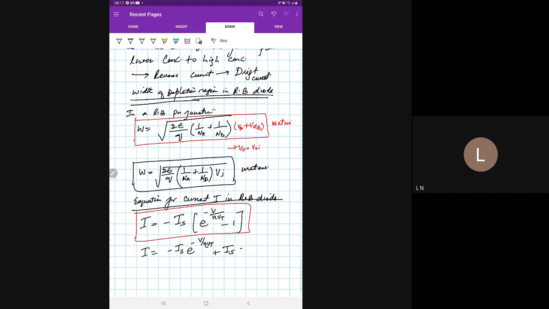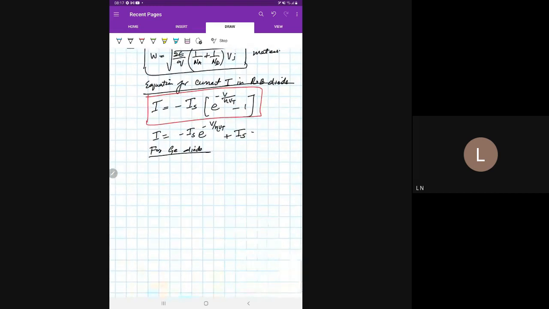For a germanium diode, for example, we assume that eta is equal to 1, and we assume that Vt is equal to 26 millivolts. And we assume that V is equal to the voltage applied, that is the reverse voltage, V is equal to 5 volts.